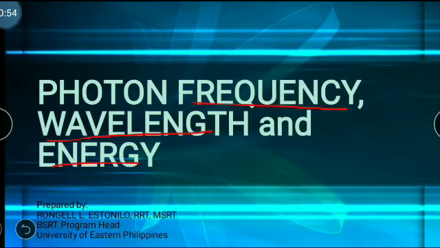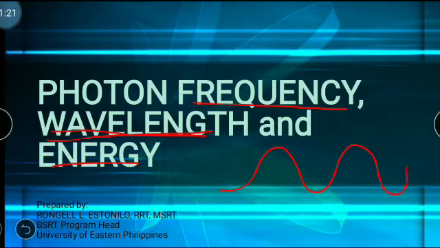So before we move further, let us consider that X-rays and other forms of electromagnetic radiation behave as wave. Kaya, meron siyang frequency at meron din siyang wavelength. Pag sinabi nating wave, ayun, alon, di ba?